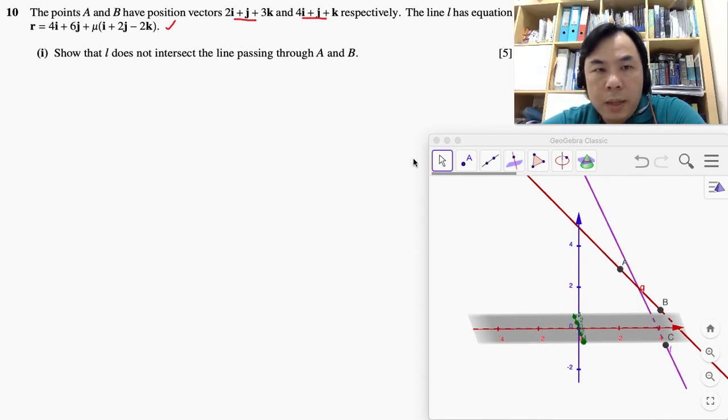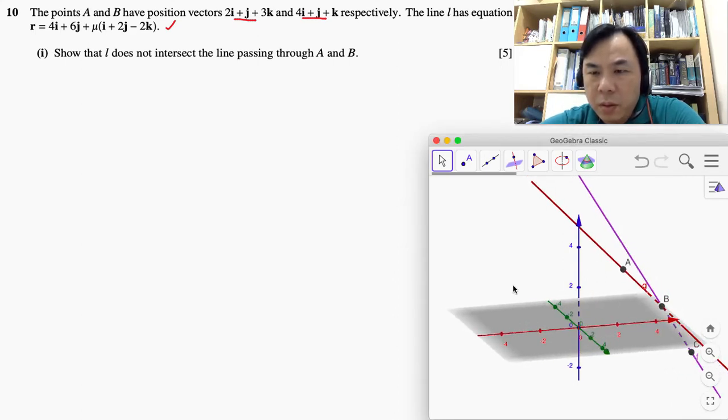One line is given by this equation, which is purple in color, and the line that passes through AB is the red line. At a brief glance, it looks as if the line through AB actually intersects the line represented by this equation. Let's take a closer look to see whether that is true or not.